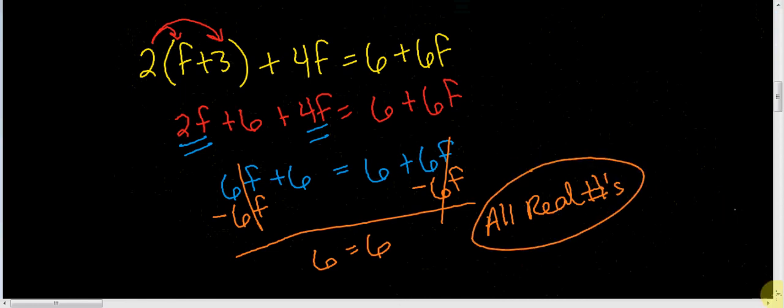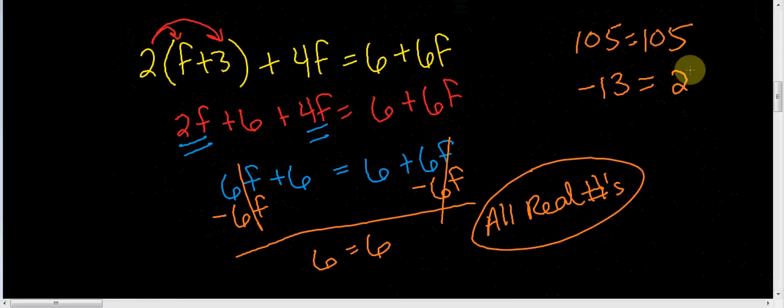Alright, so there are two new things that can happen here with our equations. If we get a number equal to itself, for instance, 105 is equal to 105, pick those completely at random, that would be all real numbers for your solution. You could get something like negative 13 is equal to 27.